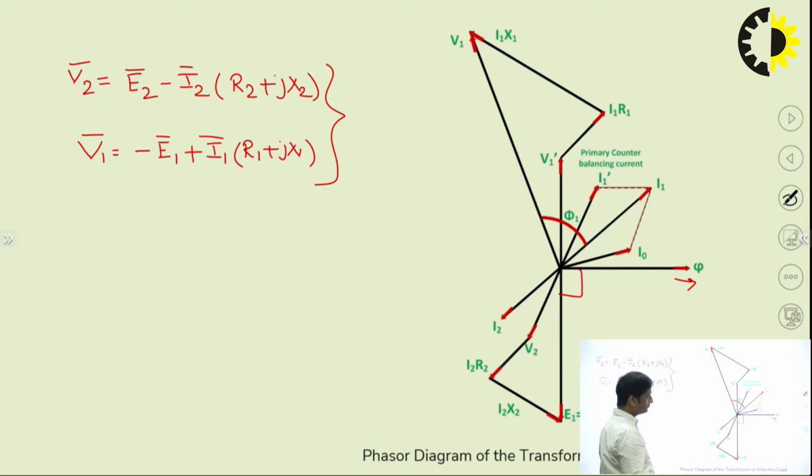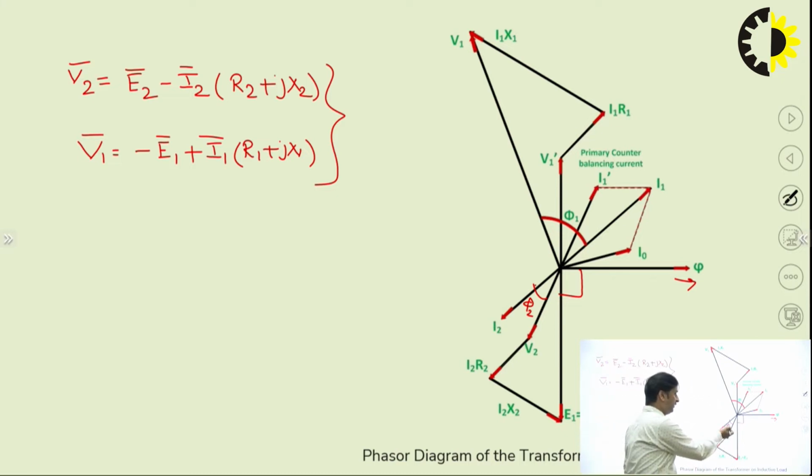I0 is the no load current. Since the winding is inductive, the angle, if you take it from this, is less than 90 degrees. So I0 is somewhere here. And since it is an inductive load, the current will always lag the voltage by a certain angle, because the load is given to us, so we know its power factor.